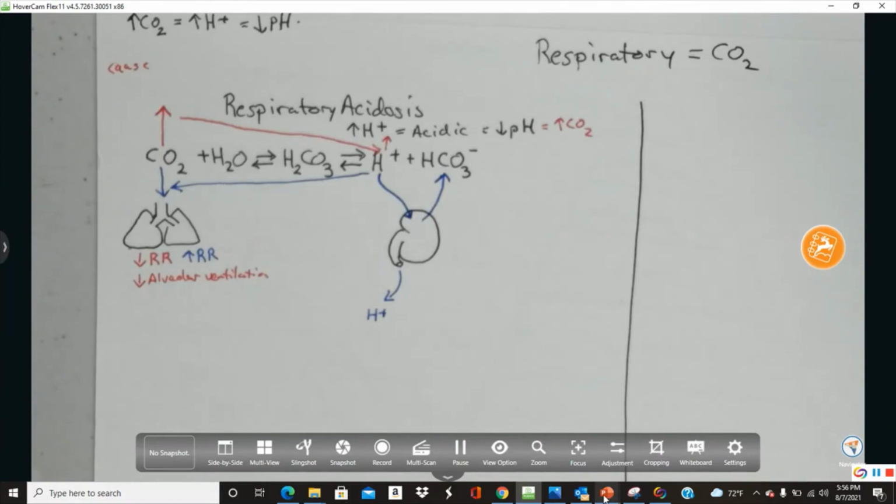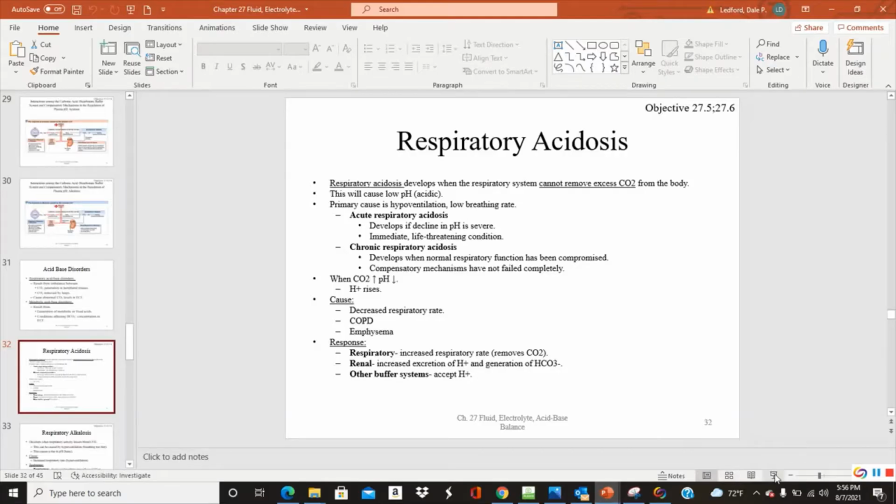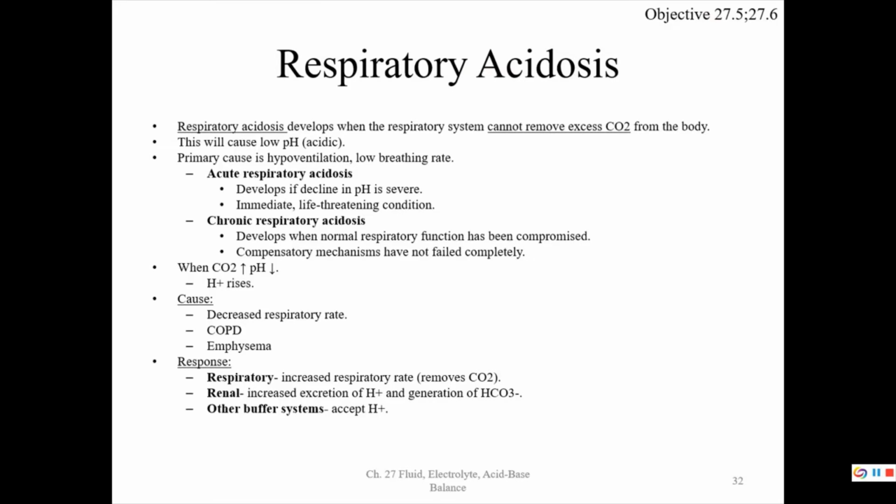Now, what I do want to mention as I'm going into that lecture is hypoventilation, low breathing rate, as a primary cause. Acute is if the decline is very severe, very immediate, a life-threatening condition. This can happen very quickly. Why does it happen very quickly? It could happen because of a drug you've taken, or an injury.